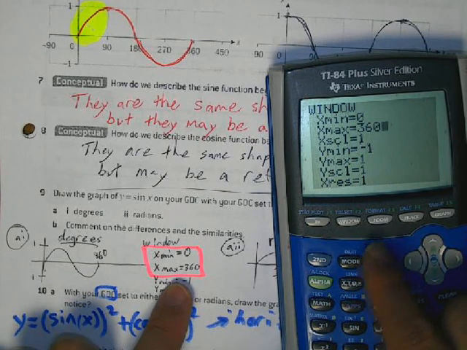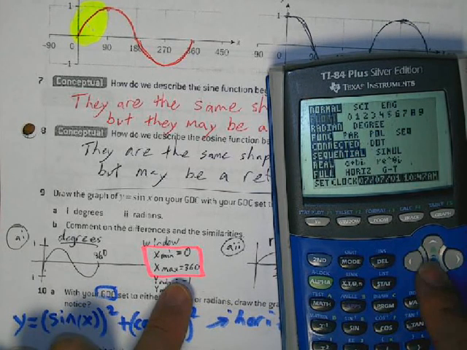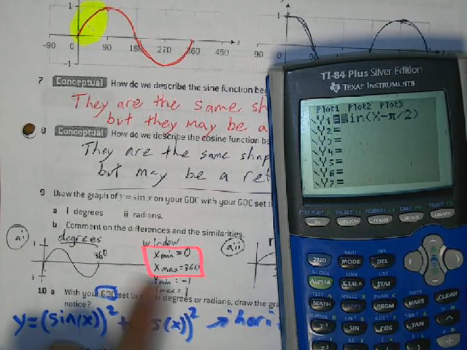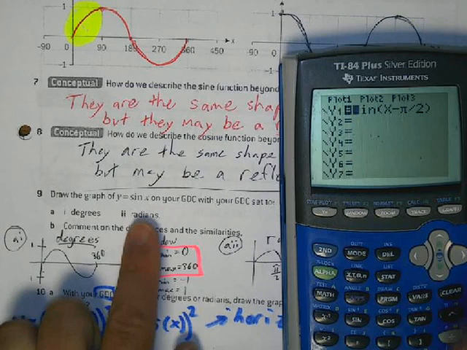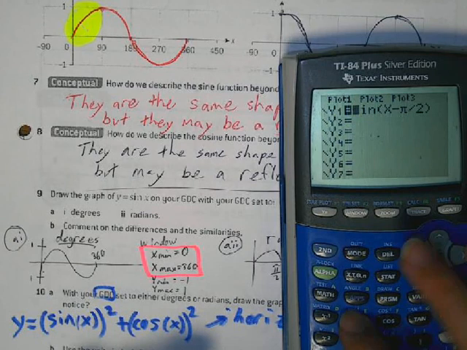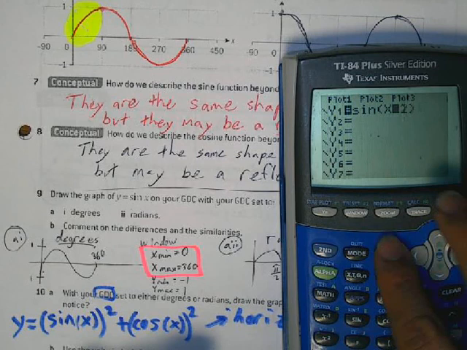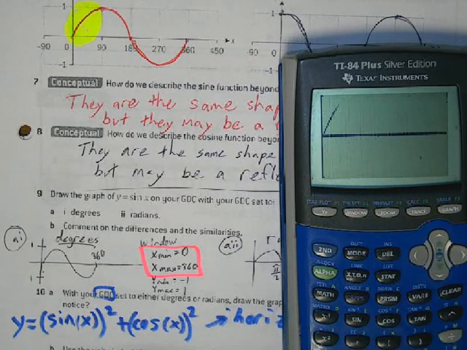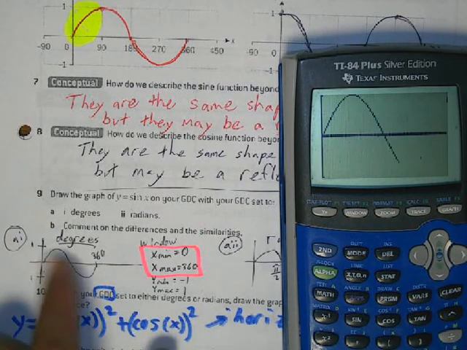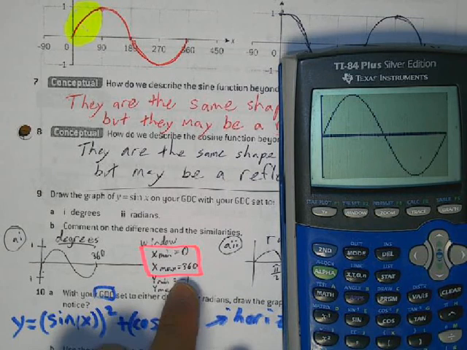So I go to mode, I go down here, degree, I hit enter, and we're trying to graph sine x. Okay, and you already know what this looks like. But the critical thing is the x max has to be 360.